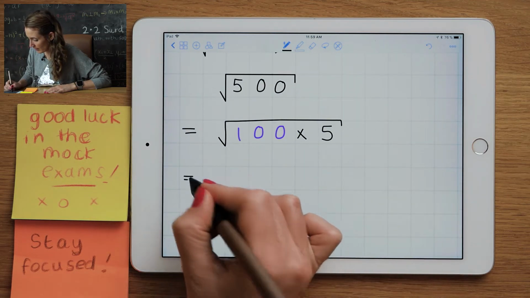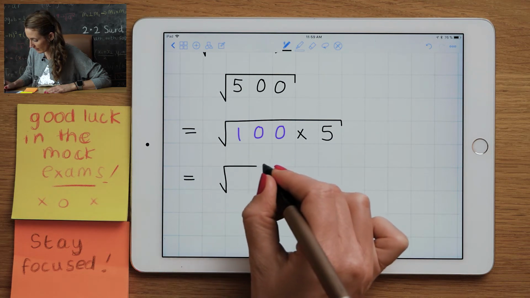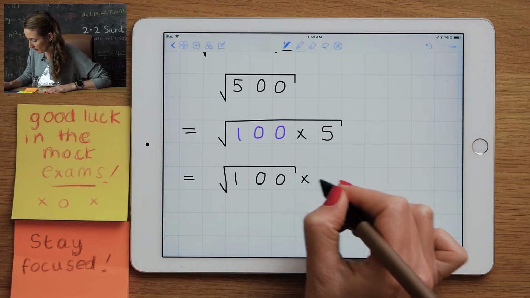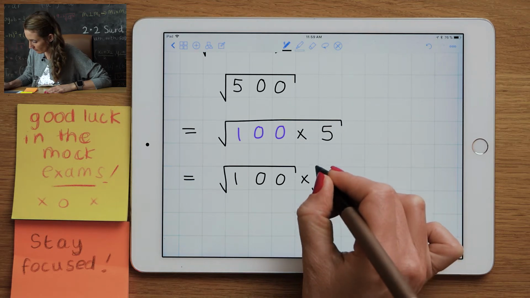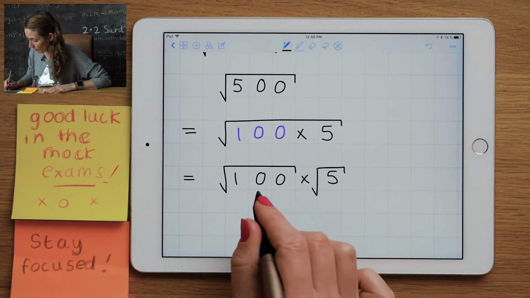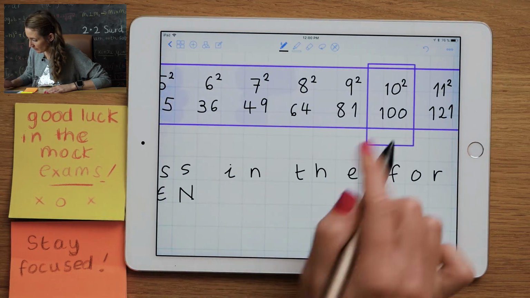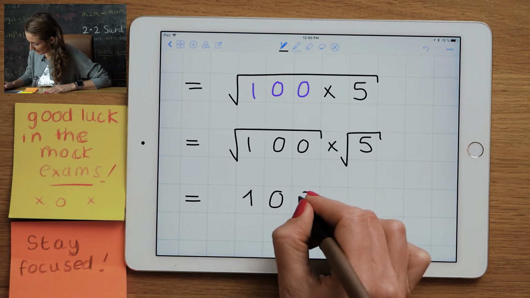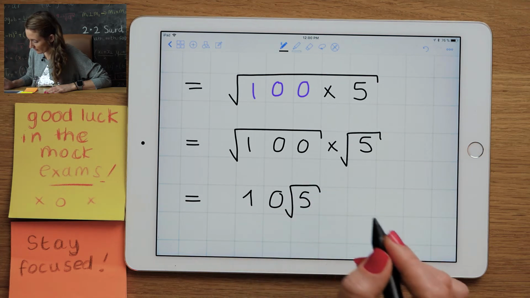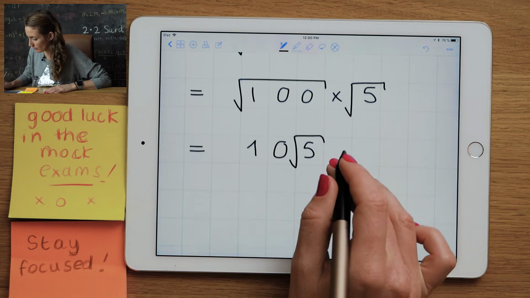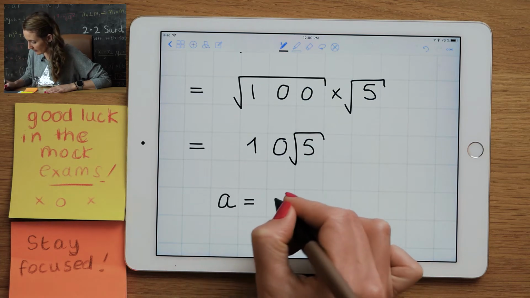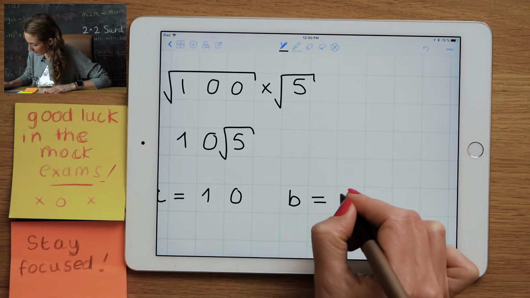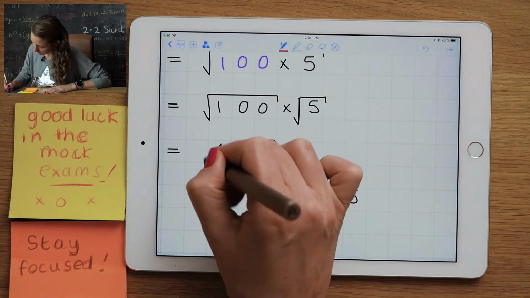Now I'm going to use my rules to say that I can split this square root up into the square root of 100 times the square root of 5. The square root of 100 we know from our table is 10. So this is 10 square root 5 as your final answer. And if you want to write underneath, A is equal to 10 and B is equal to 5.